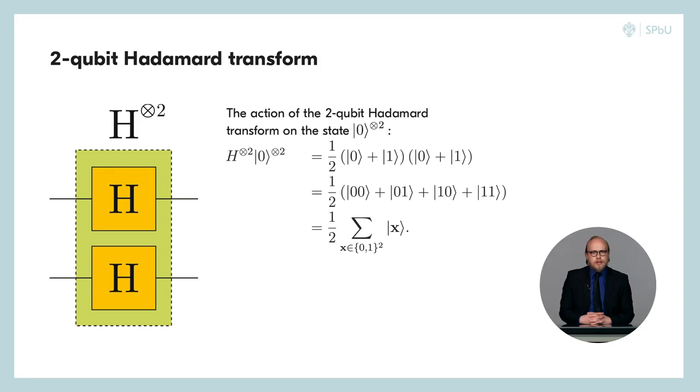Then, each of these zeros under the action of the Hadamard element goes into a superposition, that is, into the sum of the states 0 and 1 taken with a factor of 1 divided by the square root of 2. As a result of the tensor product of these two superpositions, we obtain the sum of 4 equiprobable states of two qubits, 00, 01, 10, and 11, taken with the same coefficient 1/2.